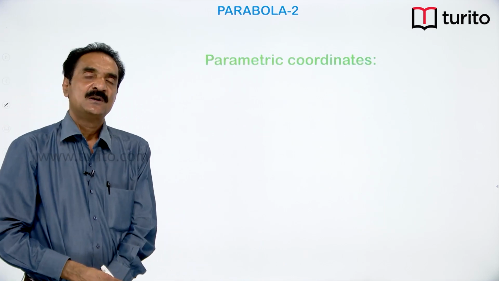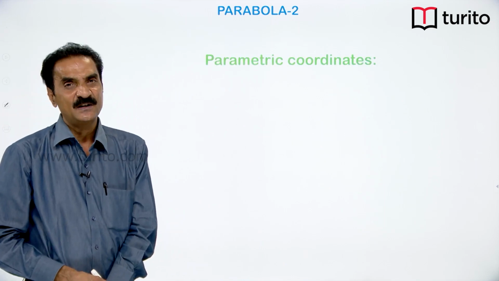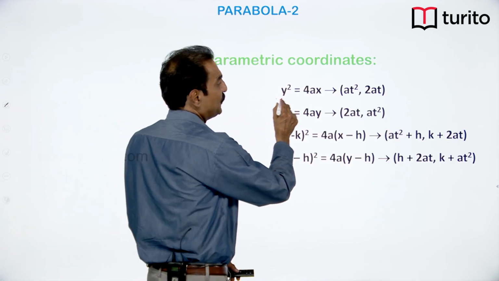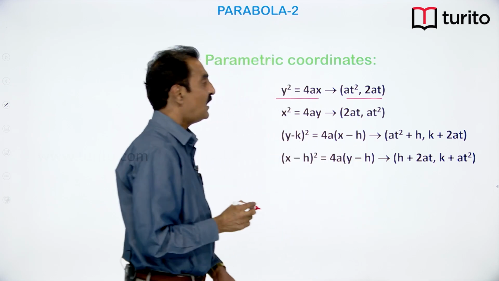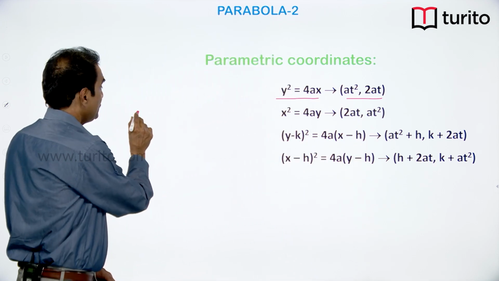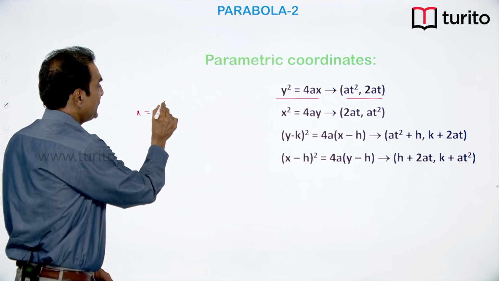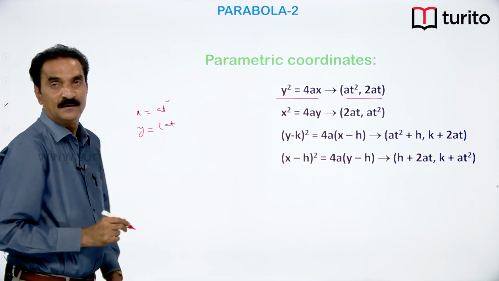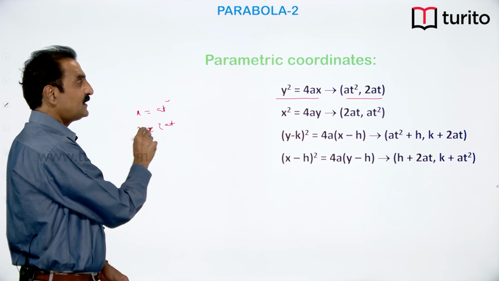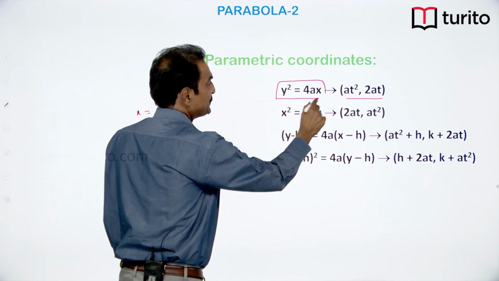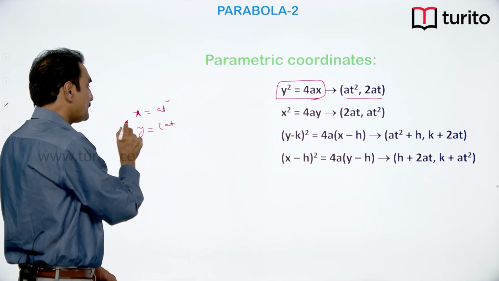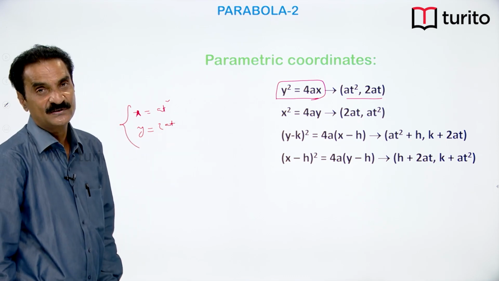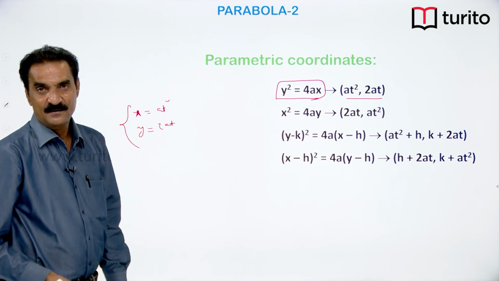Parametric coordinates, we have already discussed in the last class. The parametric equations of y square is equal to 4ax are x is equal to a t square, y is equal to 2at. By eliminating t from the equations, we get y square is equal to 4ax only. So these two are called parametric equations of the parabola y square is equal to 4ax, where t is a parameter.